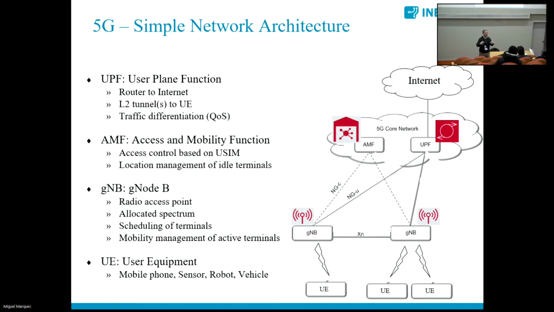The management of this mobility is made by these Node Bs in a cooperative way. And of course, with the help of the user equipment that will inform the system that it is receiving a low power signal, and then it should probably be better to move to another G-Node B.